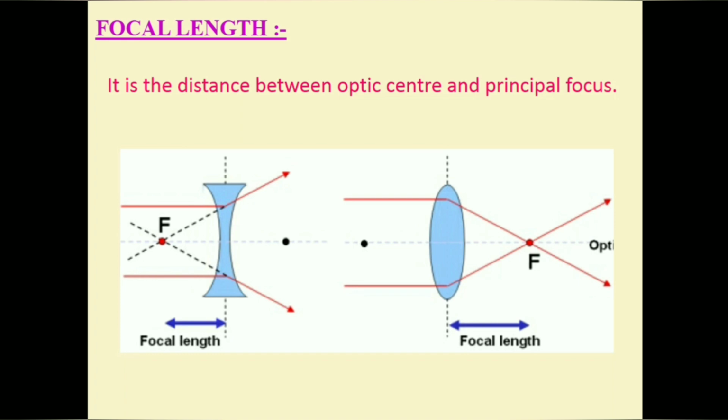And the second point is, if the direction of the incident ray is along the distance, then it is positive. If it is opposite, then we take it as negative. And the third point, upward distances are positive and downward distances are negative. The same sign conventions we can apply in lenses, but remember, instead of a pole, we have to consider optic center. Right? So this is the introduction to lens.